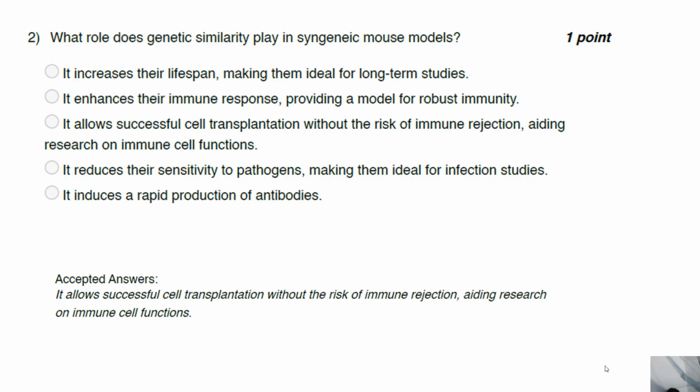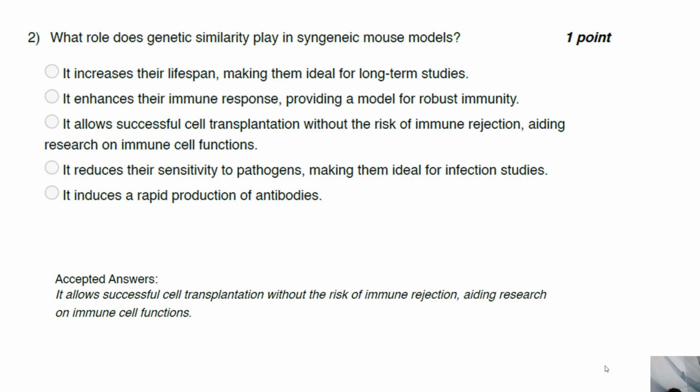Now, to understand the syngeneic mouse model, they're genetically identical or nearly identical, typically from the same inbred strain. For example, C57BL/6 mice transplanted into C57BL/6 mice. They share the same MHC, major histocompatibility complex, and the same immune recognition markers.